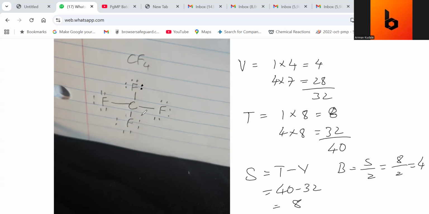T is the total electrons required, a hypothetical number.